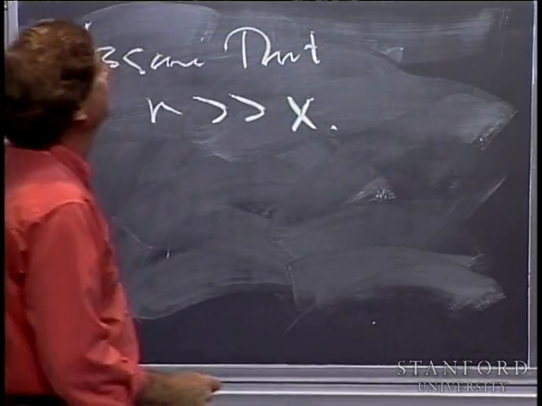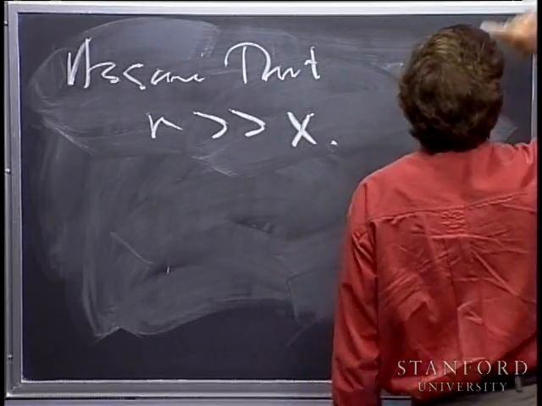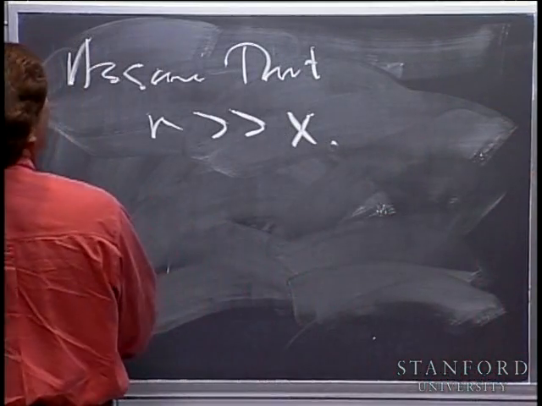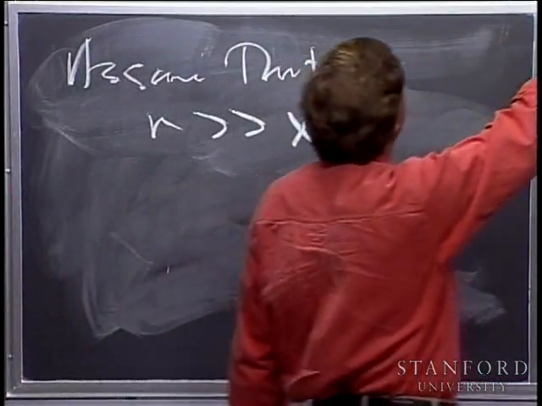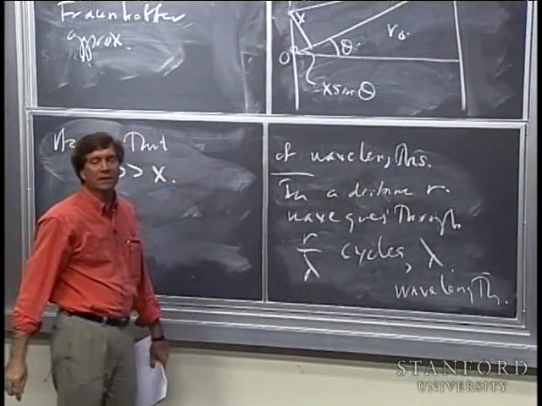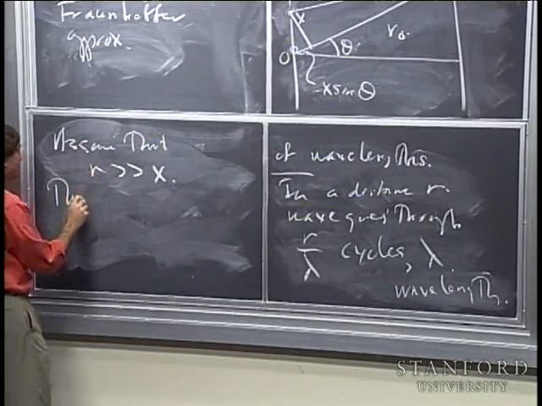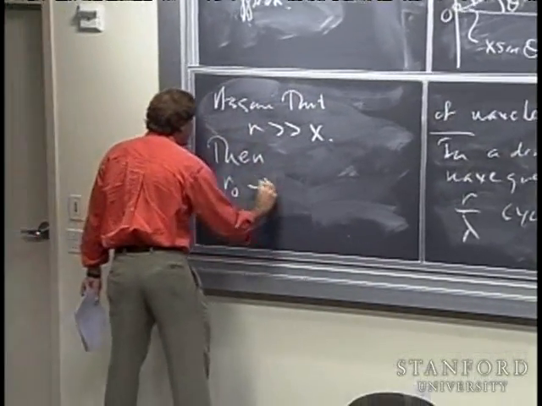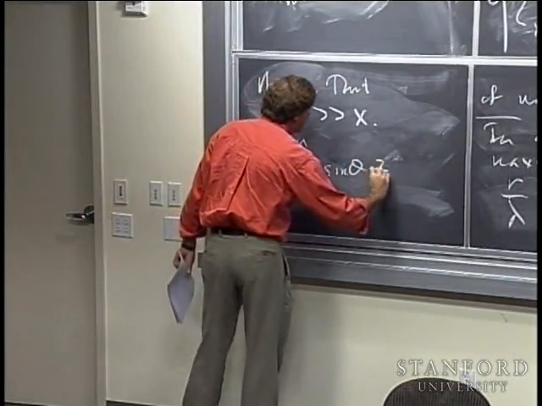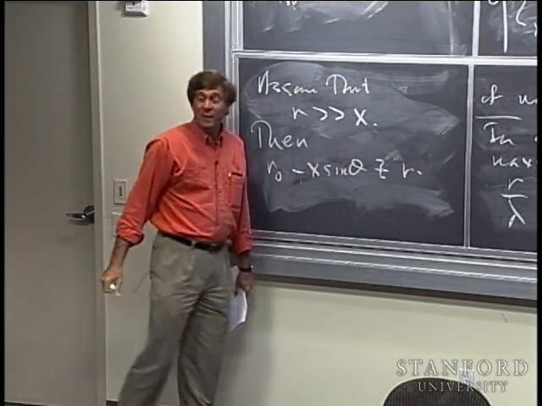By that assumption, R naught minus x sine theta is approximately R. That is, the operational effect of this assumption is that R naught minus x sine theta is approximately R for all the different values of x on the aperture.